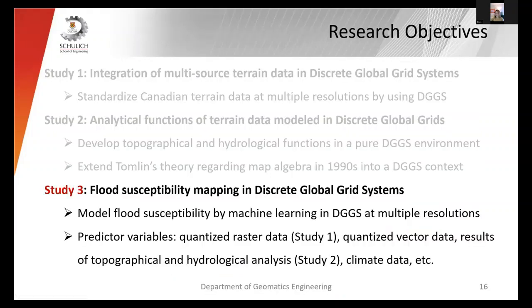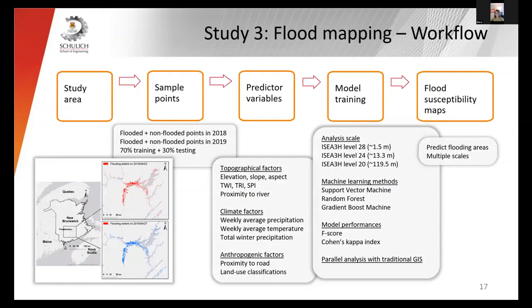So lastly, the third study is to model flood susceptibility by machine learning in the DGGS over multiple resolutions. The methods and results from the first 2 studies will be used in the third study. The workflow just follows the classic workflow of any machine learning analysis.